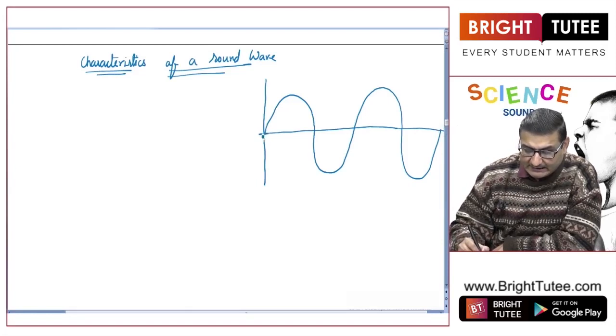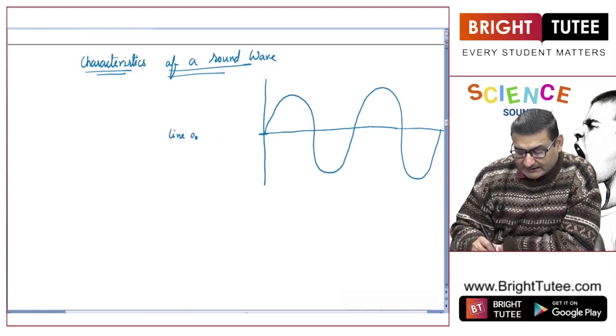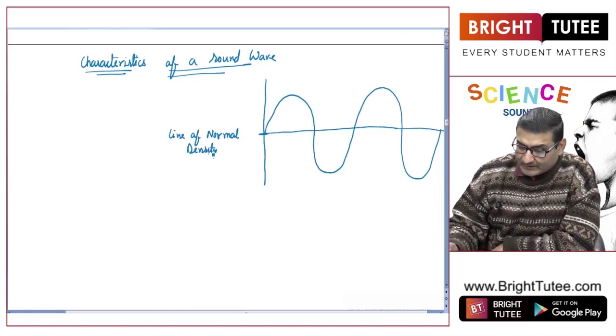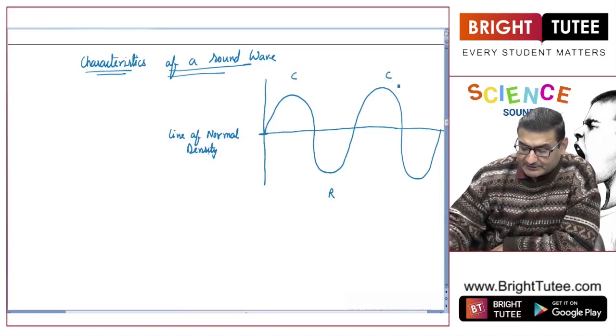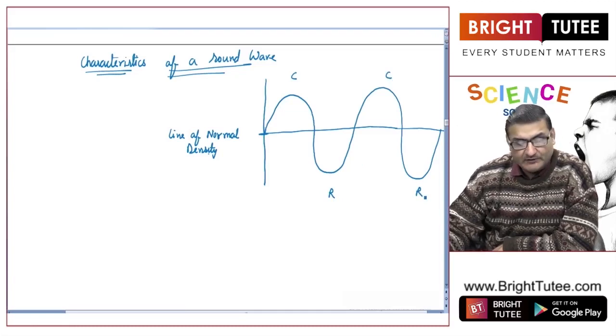This particular line we called the line of normal density, where the density of particles was normal, neutral. Now this we called compression, and this is the rarefaction. We already know what compression and rarefaction are.